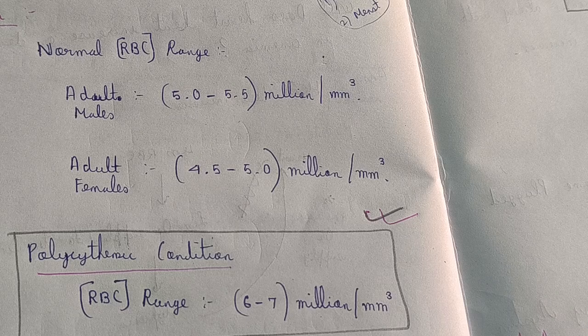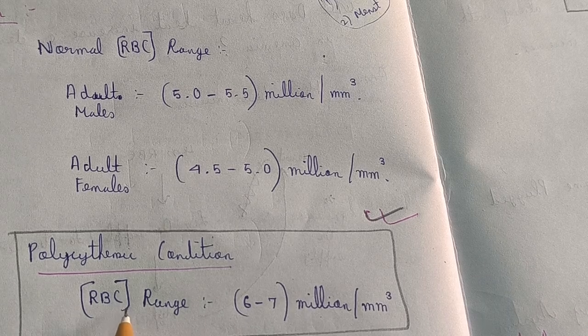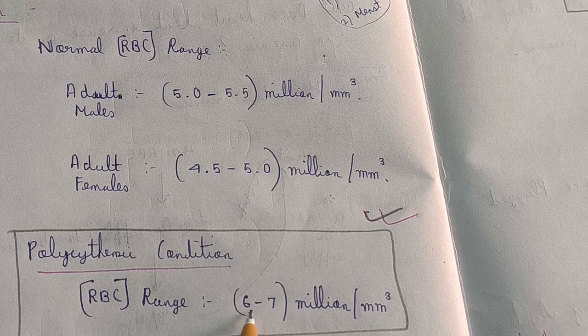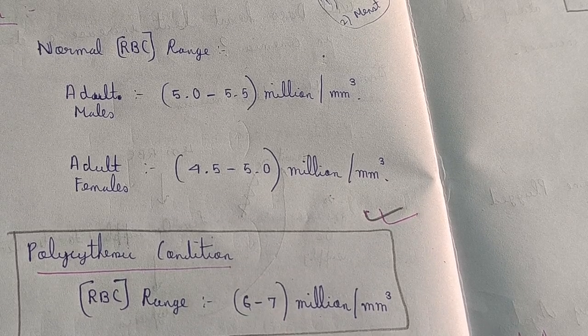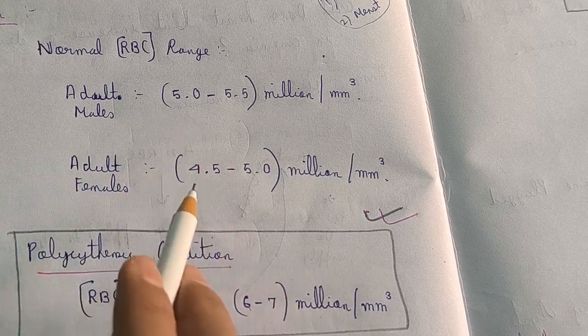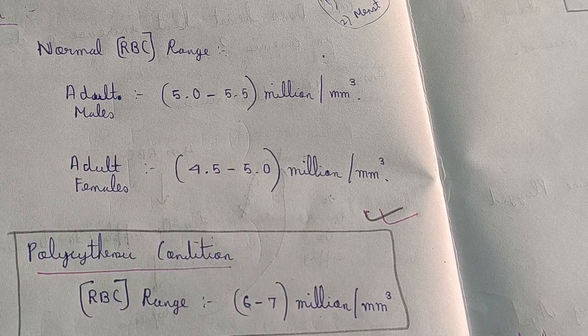Now you can see that in the case of polycythemia, the RBC count or concentration of RBC ranges between 5 to 7 million per millimeter cube. So you can observe that it has increased, and this makes the definition of polycythemia. Try to write the definition of polycythemia. Please pause and write.